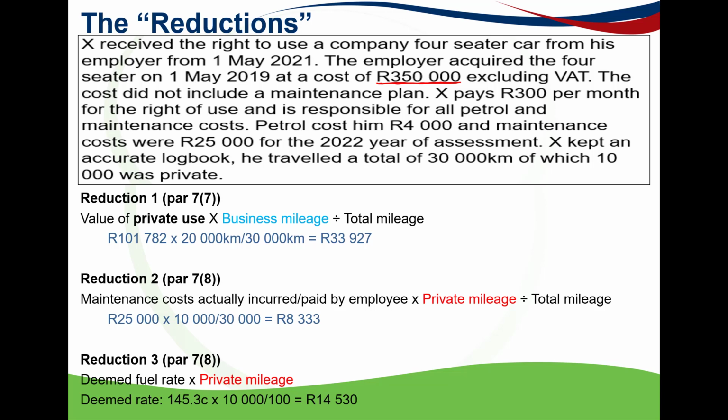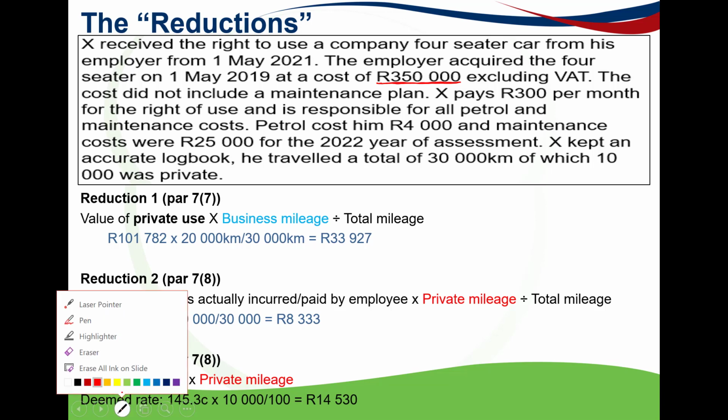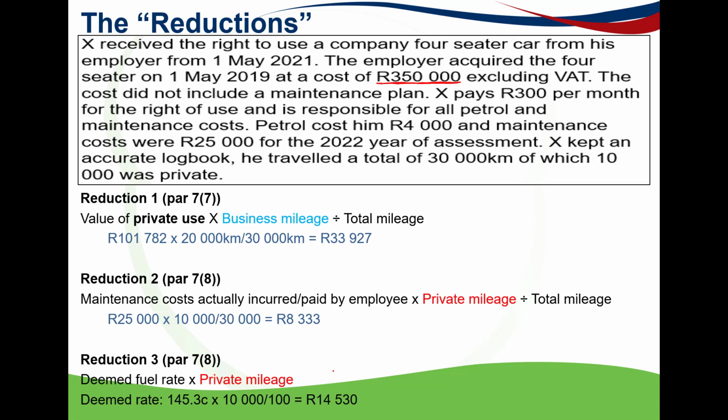And the reason why we split the different deductions is to show you the differences. Now, with the maintenance cost, remember we look at the actual cost incurred or paid. But with the fuel cost, we refer to the cost scale.